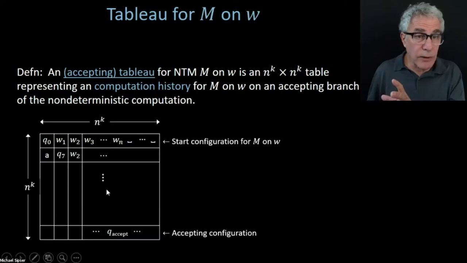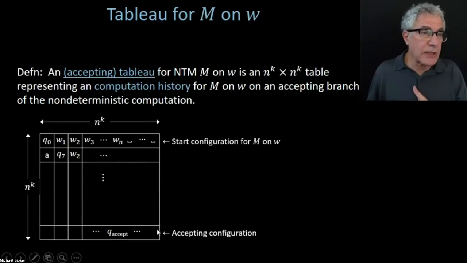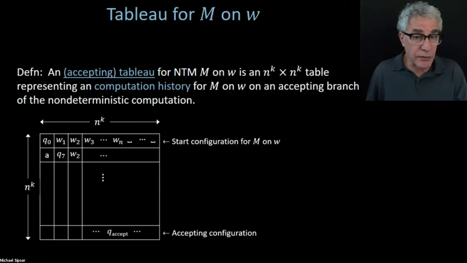I can't have a small number of configurations using a lot of tape, because I can only use one additional tape cell for each additional step of the machine. So there's really no difference here. If you want to think of this as a computation history, that's fine. This is really just the standard terminology used when proving this particular theorem. Typically, people talk about it as a tableau, but it's really just a computation history.